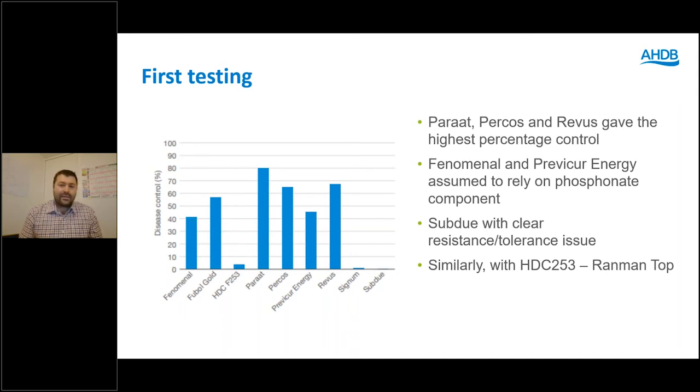Similarly, we also included at the time a coded product, HDC F253, and that's why it's coded. But since we've gained an approval for it, Ranman Top, you can see it here. We had very high hopes that it would actually deliver some relief of pressure. But unfortunately, as you can see there, that has some concerns.